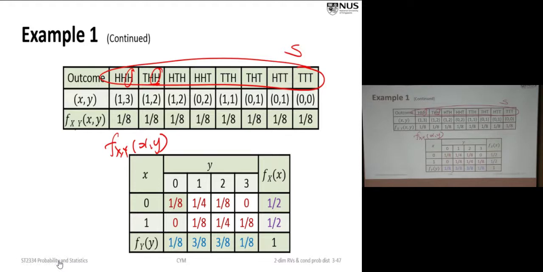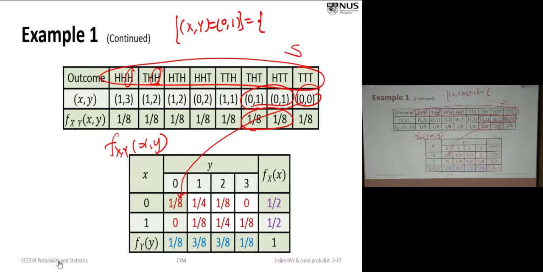In that case, x equals 0, y equals 0, which is this one, so it's 1/8. When x equals 0, y equals 1, there are 2 of them, so I have to add up these 2 probabilities. Because x equals 0, y equals 1 is equivalent to this event in terms of random variables.